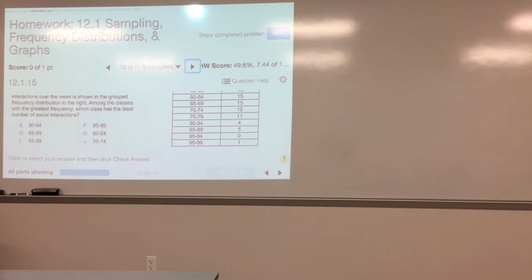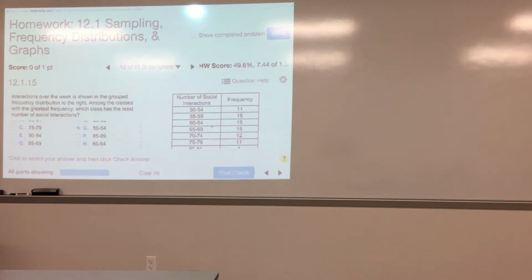Does that make sense, guys? So 90 to 94. Done. Wait, sorry, hold on. Which class has the lowest number of social interactions? Sorry, number, not frequency. That was my fault, right? I was looking at frequency. They didn't ask for which class has the lowest frequency. It asked which one is the lowest. So, sorry, that's 50 to 54, right? And so, the 50 to 54 category, pay attention so you don't make my mistake.